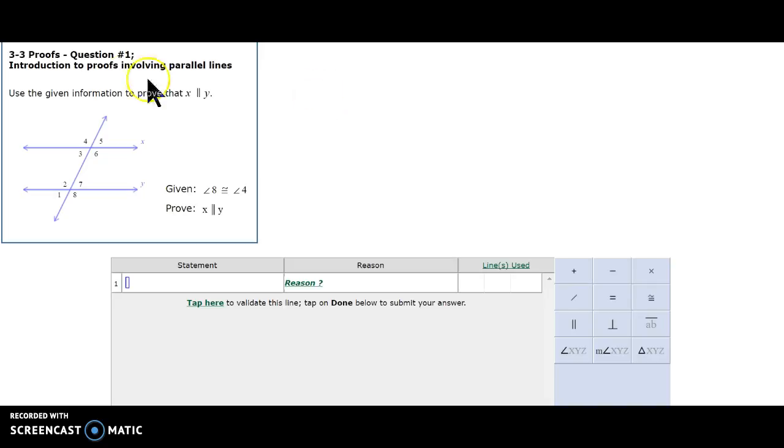So this is the question that we have right now. We have x and y, and there are two parallel lines. And then we have these 8 angles here.